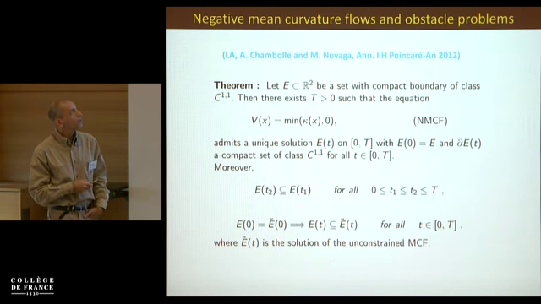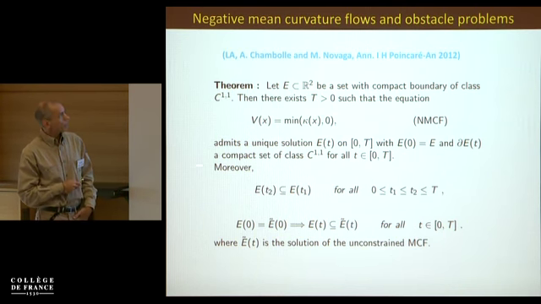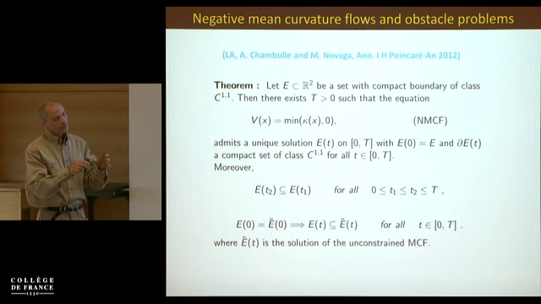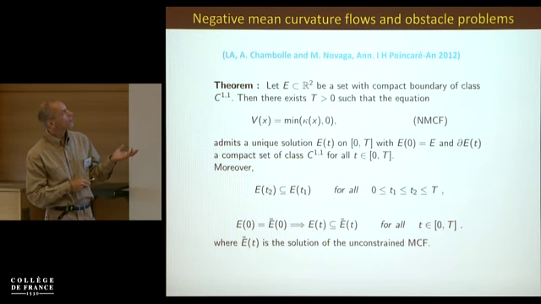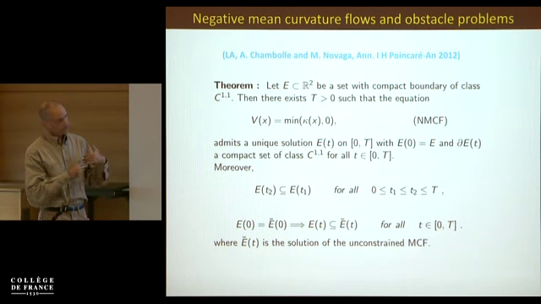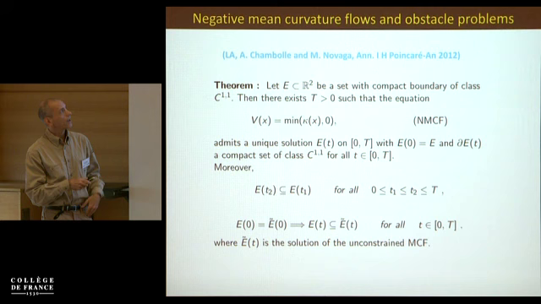And then we can prove that, in fact, this problem has a solution, and that you stay within a set where you will have compact sets, which will keep the same regularity over time when you flow, at least up to a certain time where you can develop a singularity, which in particular will be when you close the hole.